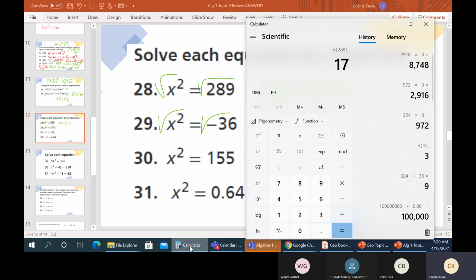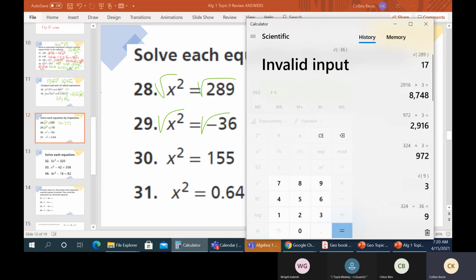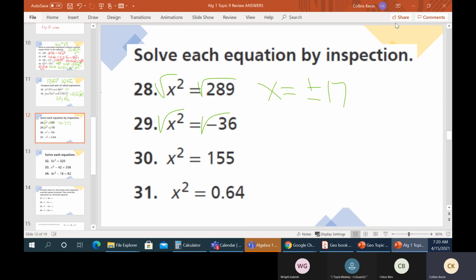We go 36 and negative, and then we hit the square root button, and we get invalid input. Some calculators will just say error, some will say syntax error. So this guy doesn't actually work. If they've got x squared and they're asking you to take the square root of a negative number, we say no solution.